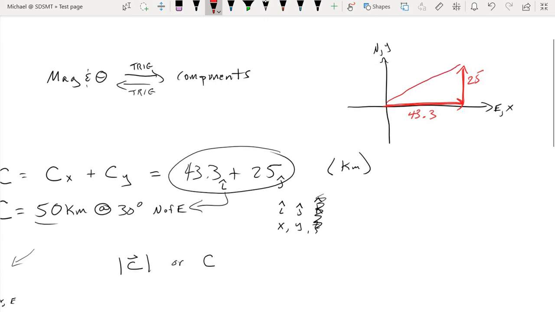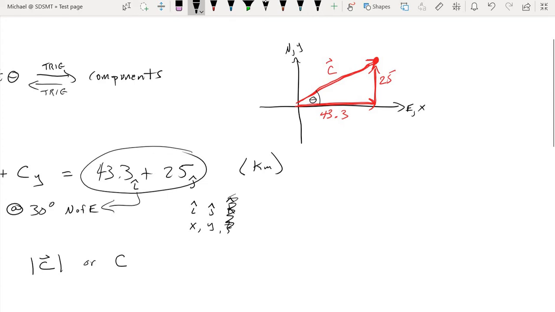So going from the origin to that final endpoint, what is the value of the magnitude and what is the angle that our final vector is pointing at? So this is that original vector C, and I need to find a way to put those values back together to reproduce the 50 kilometers and 30 degrees north of east.